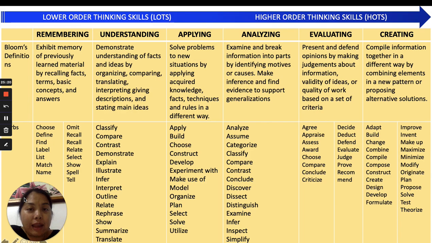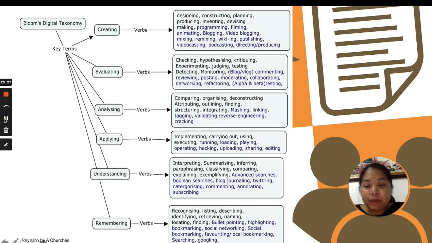In this slide is a mind map developed by Churches in 2007. It shows the verbs in Bloom's revised taxonomy that can be used in setting learning objectives inclusive of digital technologies and digital cognitive objectives. Now let's start with remembering.